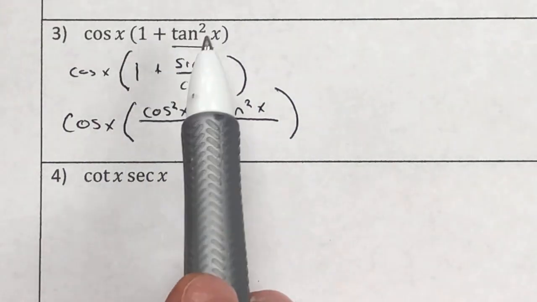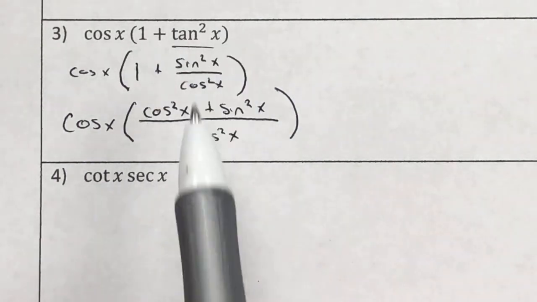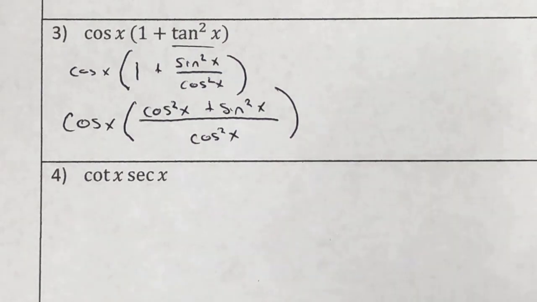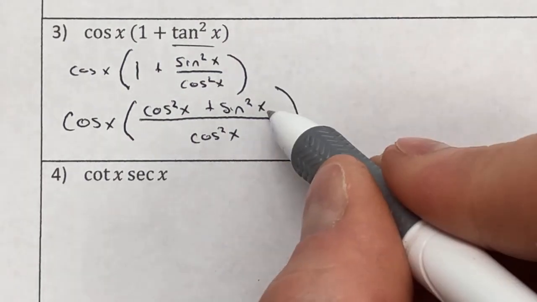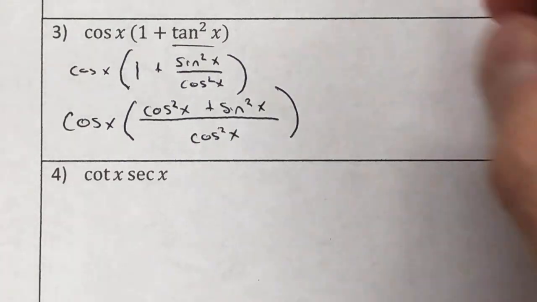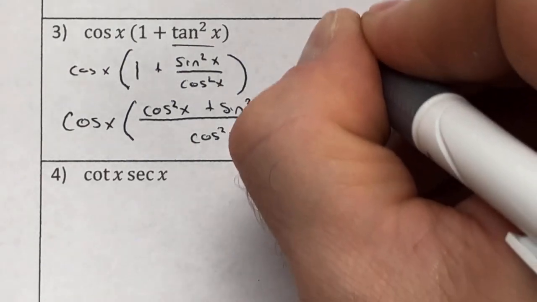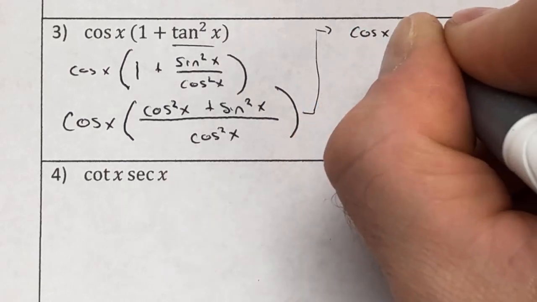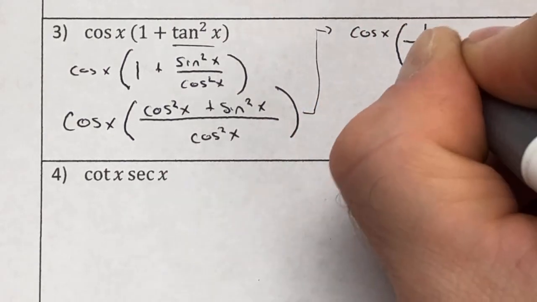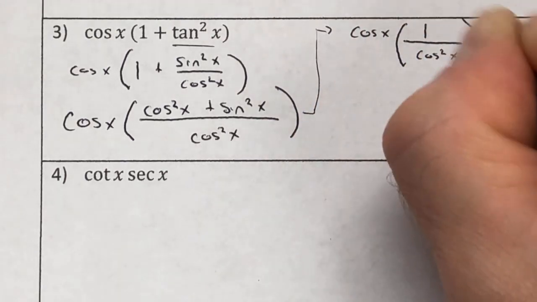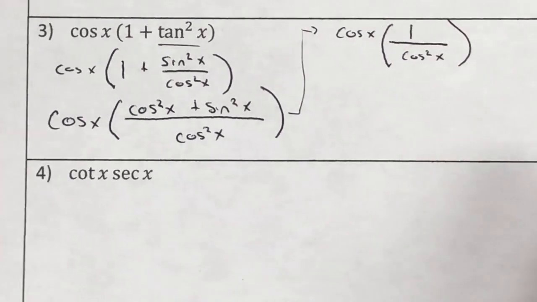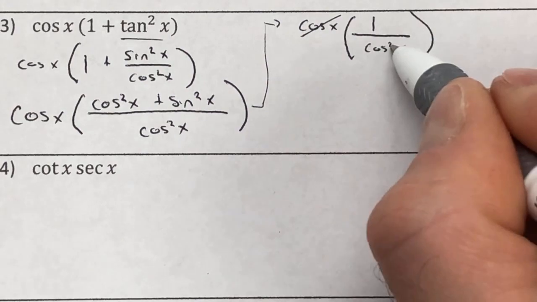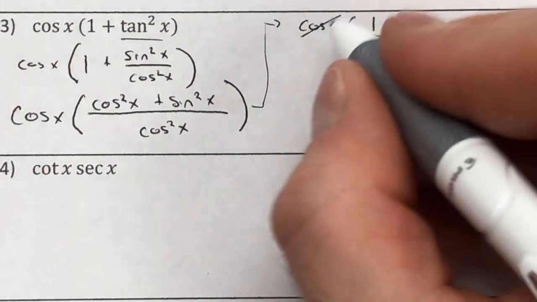Now what we see is that original identity that we were going to use pops up again with the sines and the cosines. And again, it's just a little less to remember. I notice that the cosine squared of x plus sine squared of x is going to be equal to 1. So I have the cosine of x times 1 over cosine squared of x. I notice this can partially reduce, not the whole thing, but one of those cosine of x goes away.